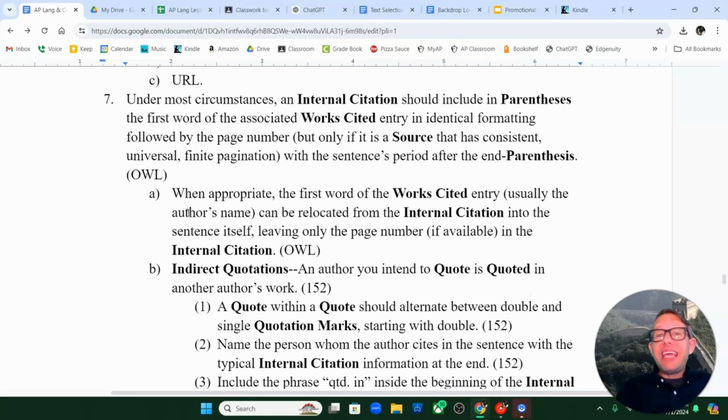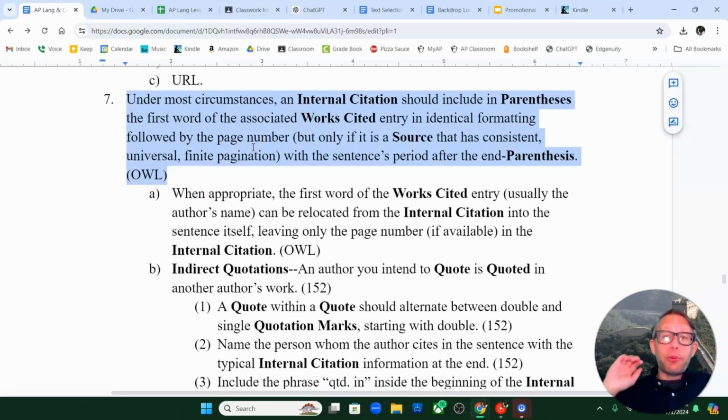Now, on the subject of internal citations, under most circumstances, an internal citation should include in parentheses, and keep in mind, this is a long bullet point for the simple fact that I'm trying to give you a lot of nitty-gritty details in here. So as you may recall, internal citations go in parentheses, and they include that first word of the associated works cited entry in identical formatting. So if the first word of the works cited entry was in italics, then it needs to be in italics in the internal citation.